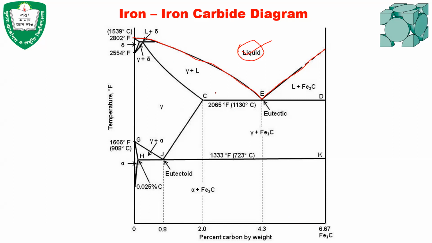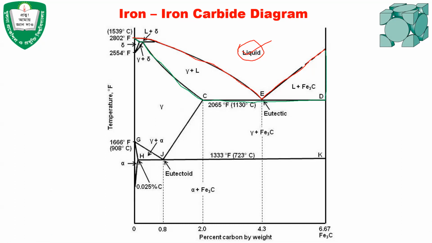And below that, if you want to find out the Solidus line, then this is the Solidus line here. Let me take a different color. To find out the Solidus line, this is actually the Solidus line here. Finding the Solidus line is not very difficult.